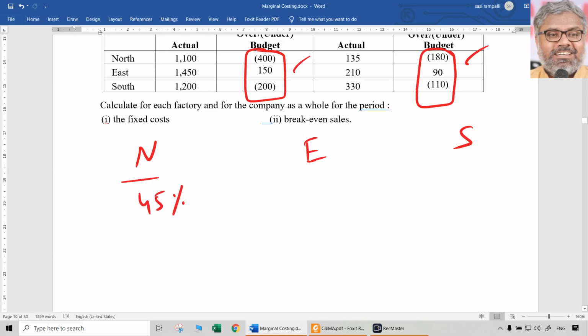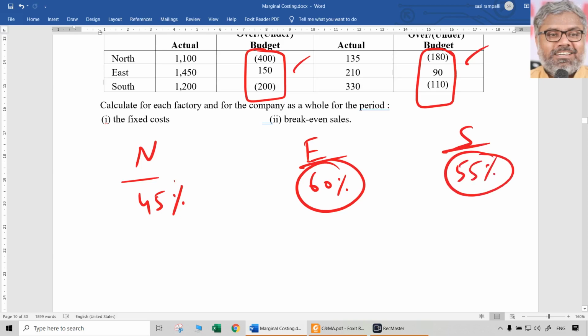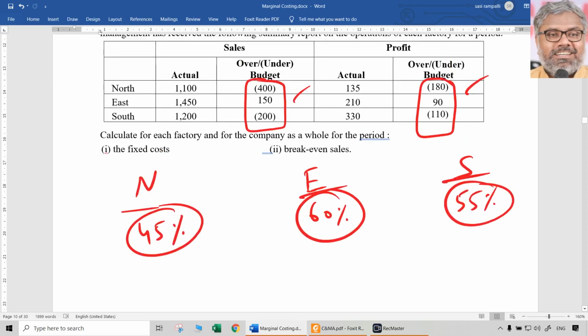East, whatever that change may be, plus or minus doesn't matter. 90 divided by 150. 0.6 means 60% is the PV ratio for East. Then change in profit for South is 110. Change in sales is 200. Change in profit by change in sales into 100. That is 55% is the PV ratio for South. So 45%, 60%, 55% are the PV ratios for each of these regions.